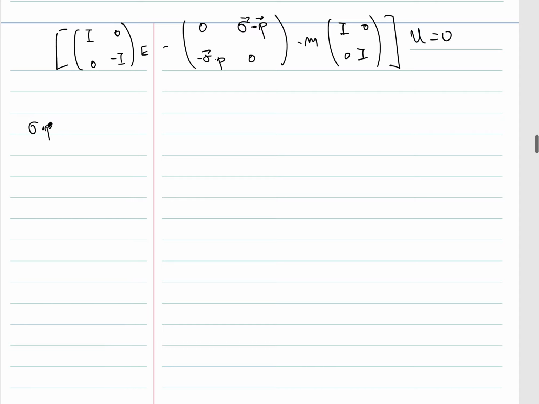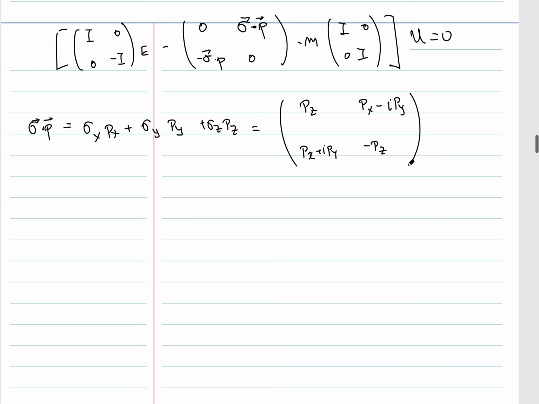So sigma dot p is sigma x px plus sigma y py plus sigma z pz, which is the matrix pz, px minus i py, px plus i py, minus pz.